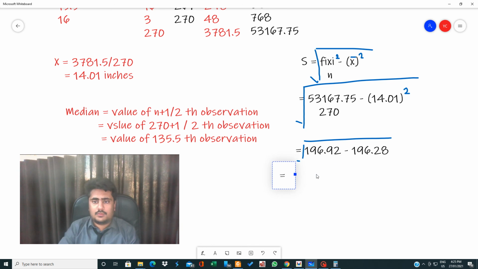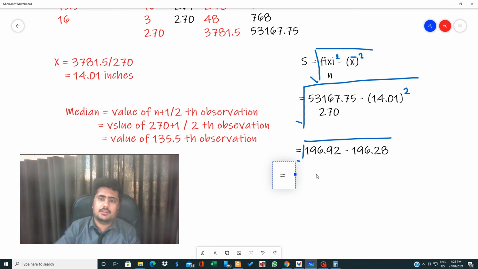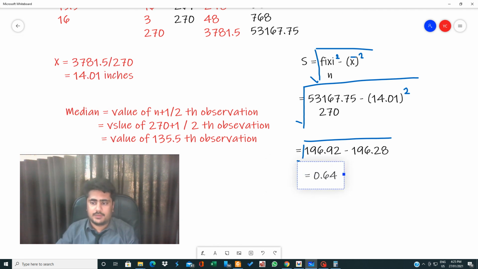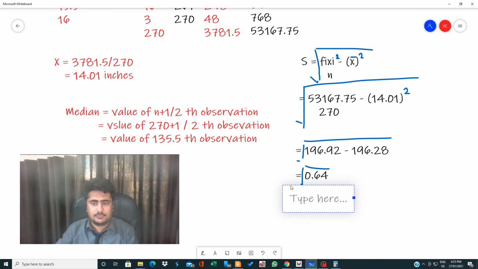So this is 196.92 minus 196.28, that is 0.64. Root of 0.64 is 0.8. So this is my standard deviation. Again, this is in inches.